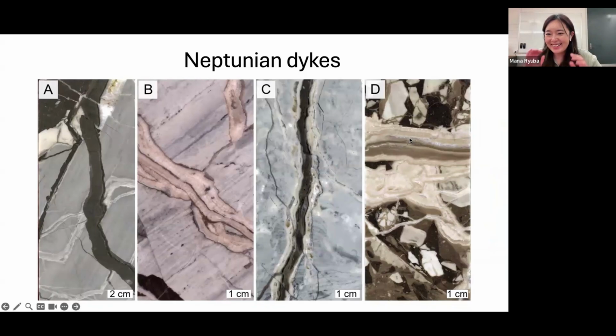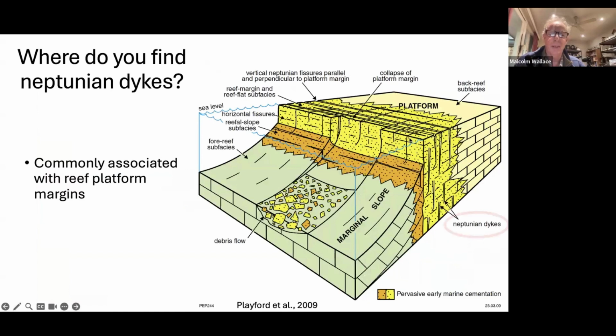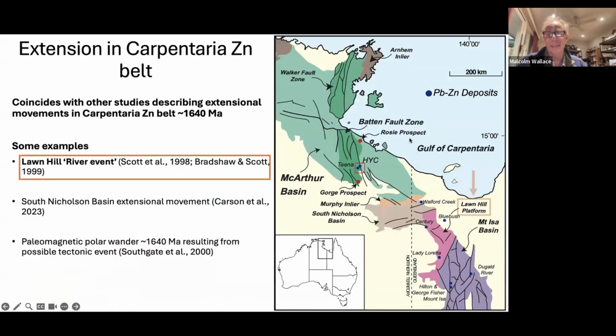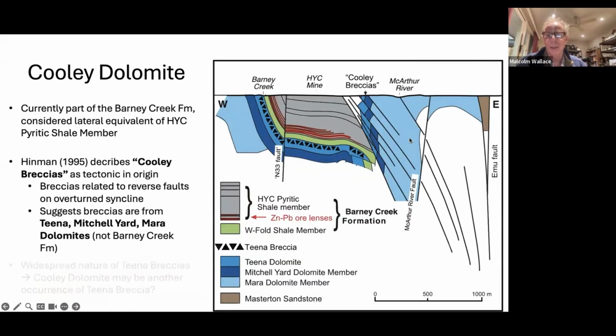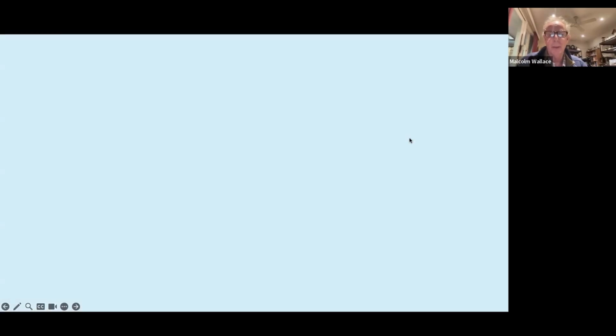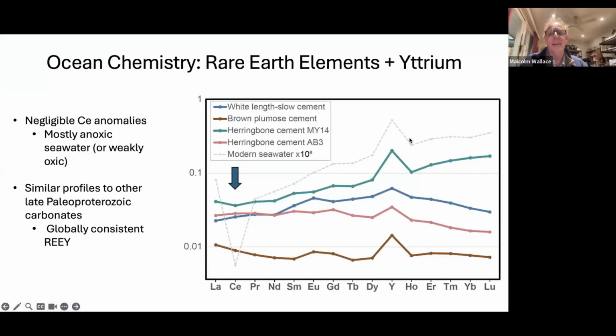Malcolm, if you... Oh yeah, there doesn't seem to be much zinc in the marine cements. It just gives a marine signature in the rare earths and the trace elements. There's not really high metals in it, so at the site we're looking at it just seems to be marine dominated.